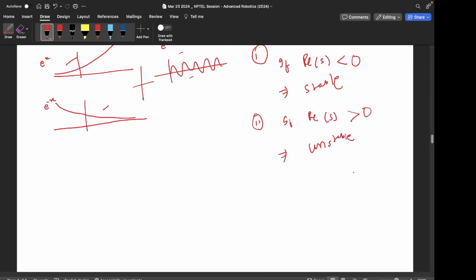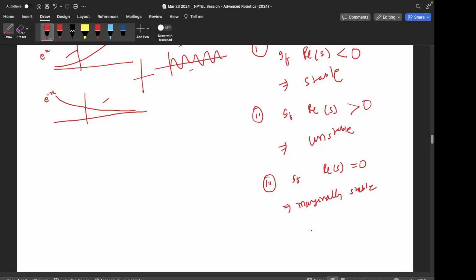So we avoid these situations. We would like to design our system such that the real part is less than zero. And if the real part is equal to zero, then we call those systems marginally stable. These are pure oscillatory systems, pure oscillations.